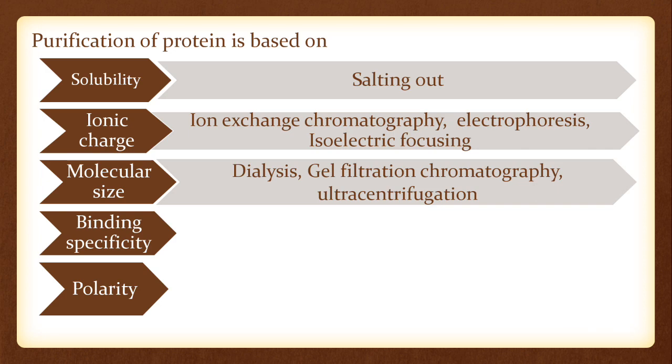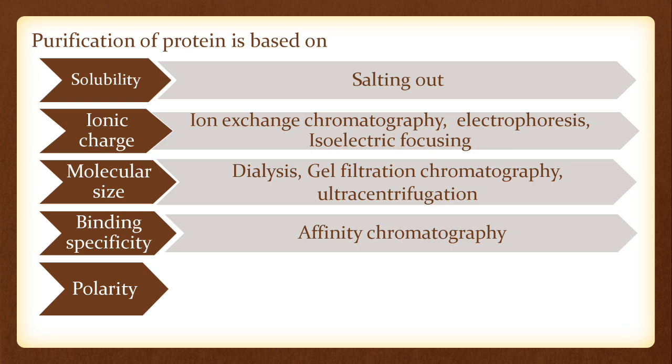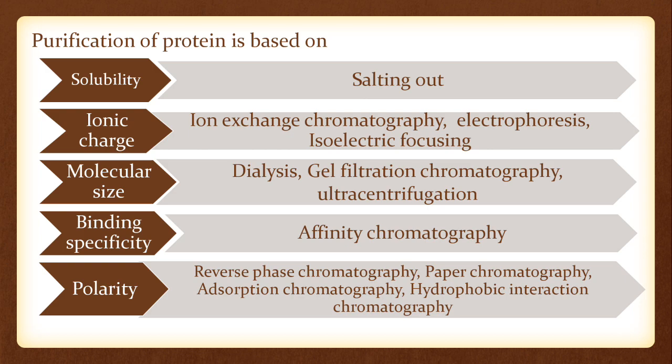Based on molecular size, we use dialysis, gel filtration chromatography and ultracentrifugation to separate the proteins. For binding specificity, we use affinity chromatography. Based on polarity, we use reverse phase chromatography, paper chromatography, adsorption chromatography and hydrophobic interaction chromatography. These are the general methods we use to separate proteins based on their properties.